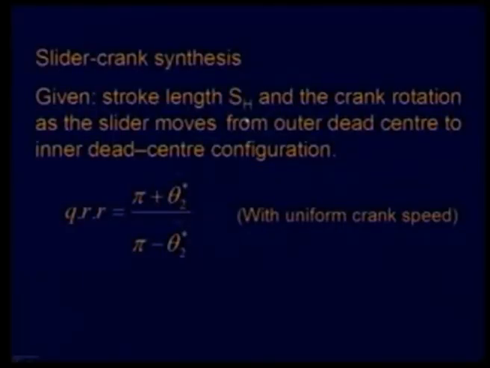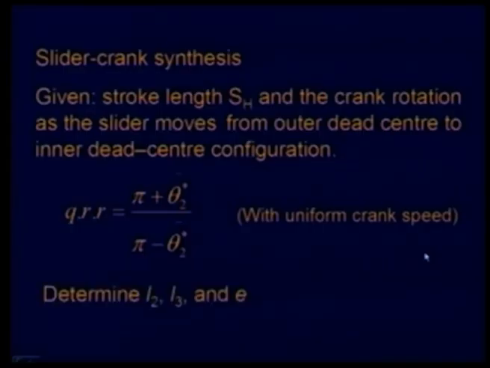We have just now seen how we can do either geometrically or analytically synthesis of a slider crank mechanism for given extreme configurations where the stroke length SH is given and the quick return ratio is given, assuming of course that the crank is rotating at uniform speed.